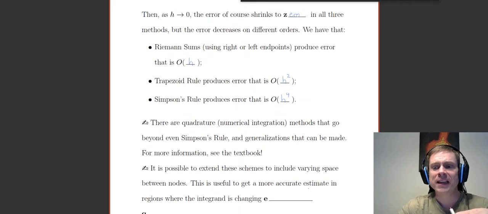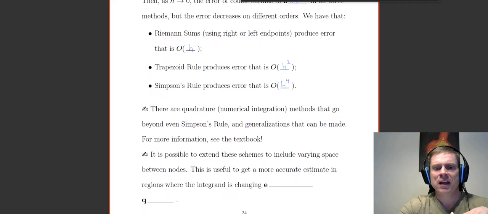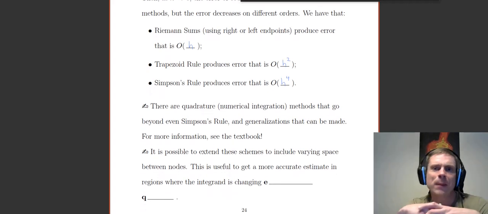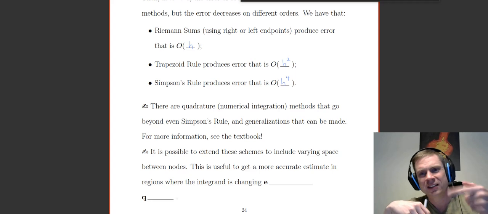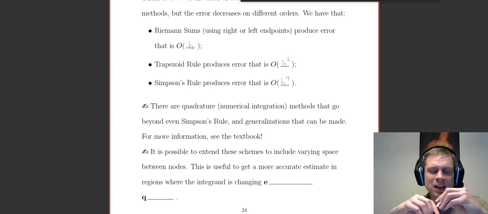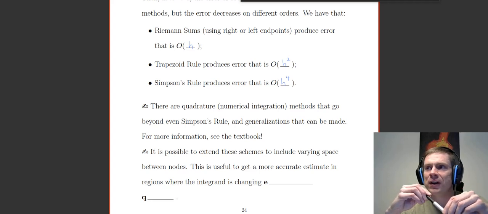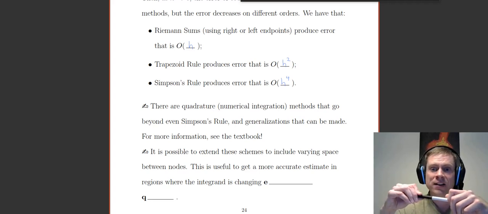So as I said at the beginning, we just covered a few of the typical methods that are talked about in a numerical methods course. These are all fairly simple and pretty easy to justify. Some of the derivations are a little messy, and that's okay. There are methods that go beyond and that might be useful in different kinds of schemes.